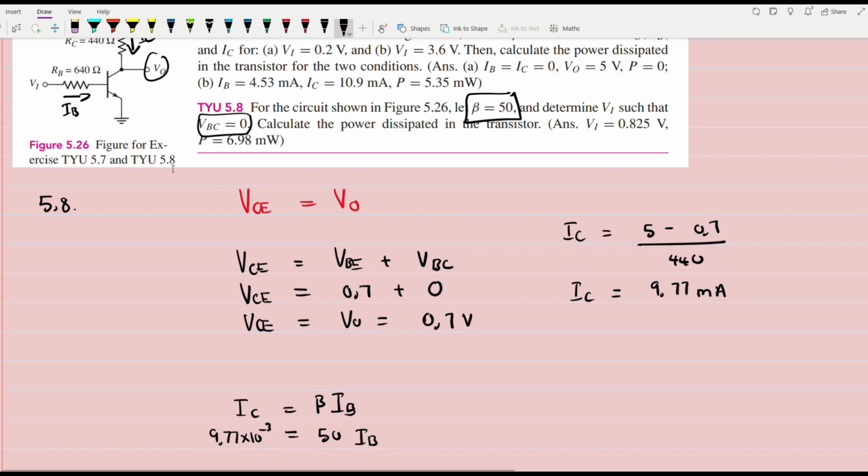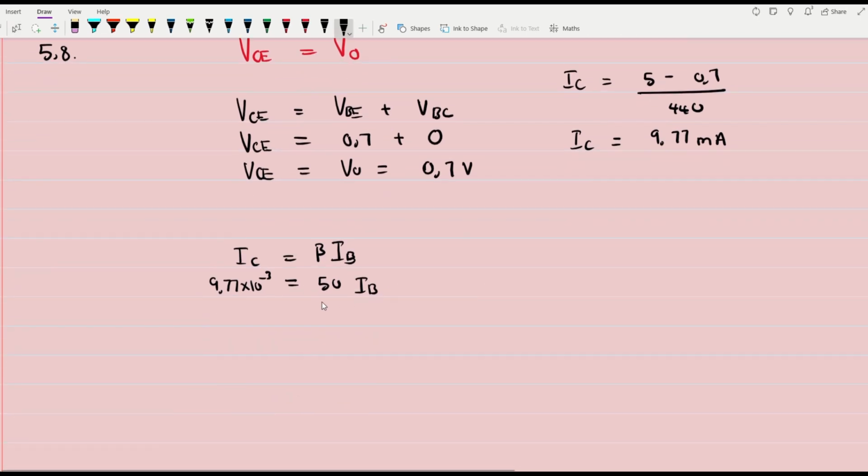I divide both sides by 50 and get IB, which is 0.195 milliamperes, or 195 microamperes.